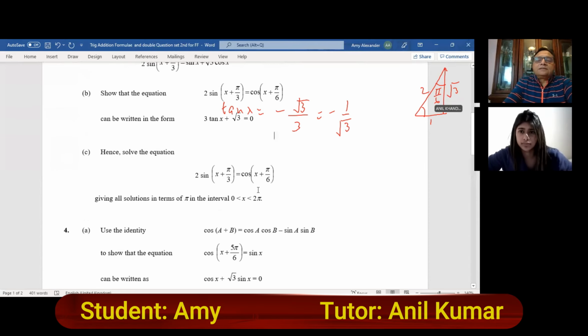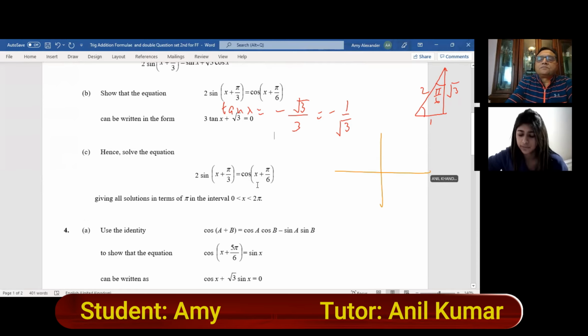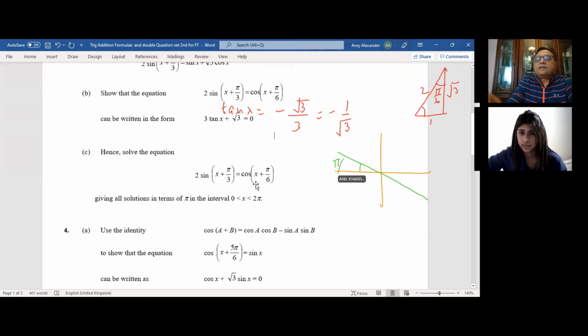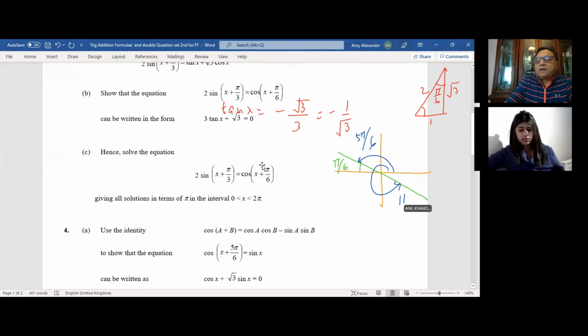And since it is negative, your answer will be in 2 quadrants, quadrant 2 and 4, right? And the acute angle here is pi by 6. Therefore, the answers will be this angle, which is 5 pi by 6, and this angle, which is 11 pi by 6.